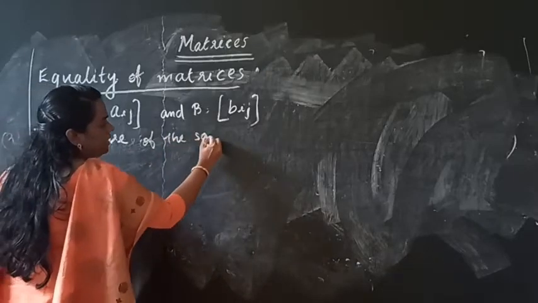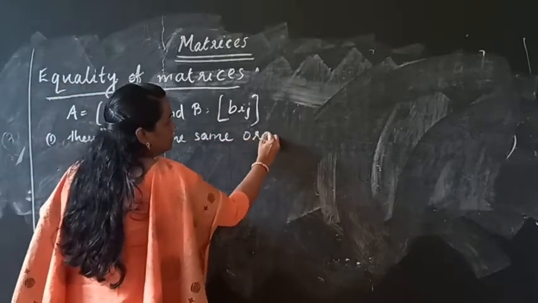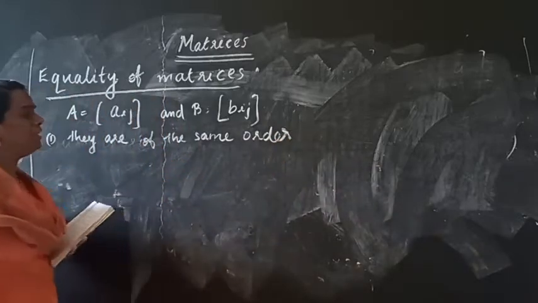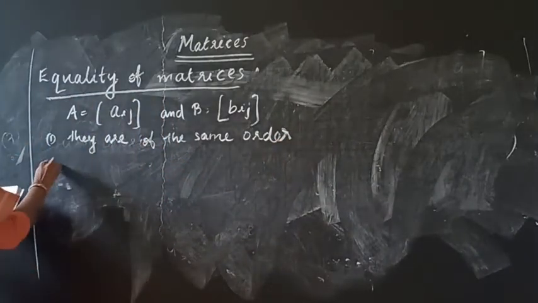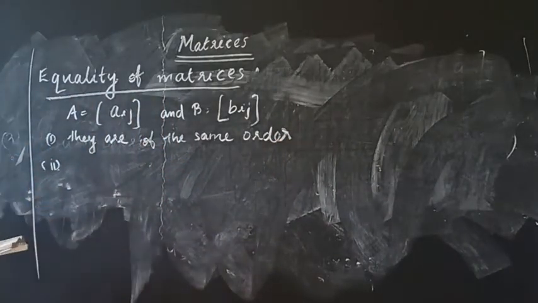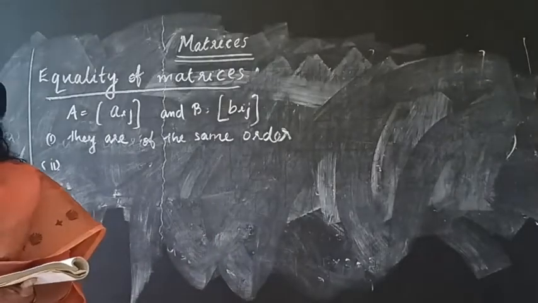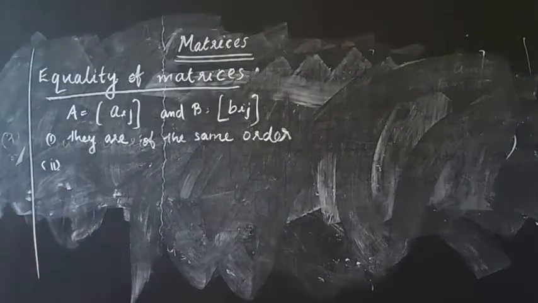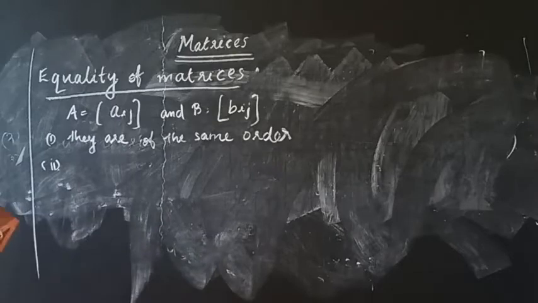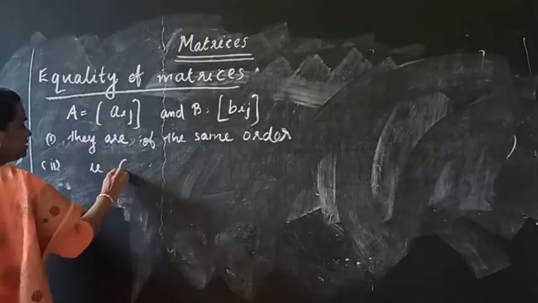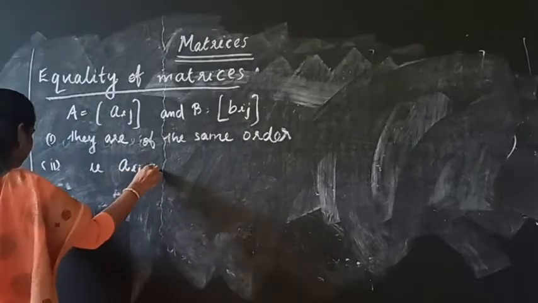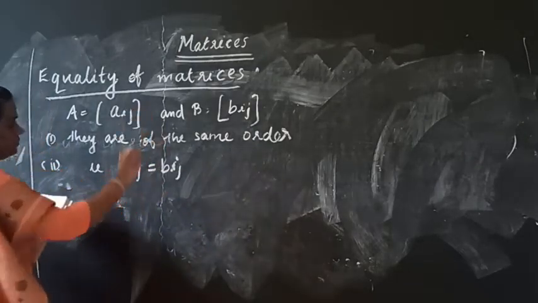Second condition, each element of A is equal to the corresponding element of B, that is Aij is equal to Bij.